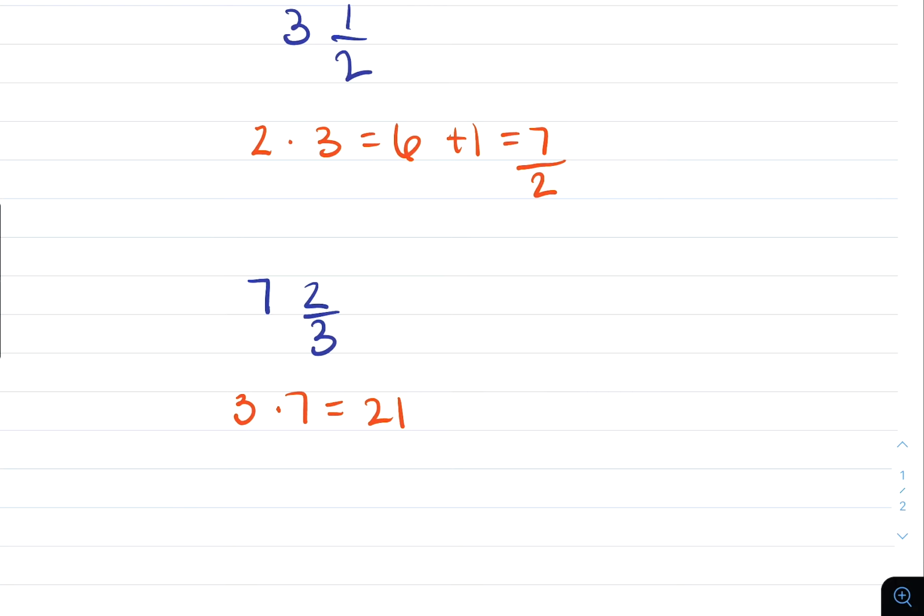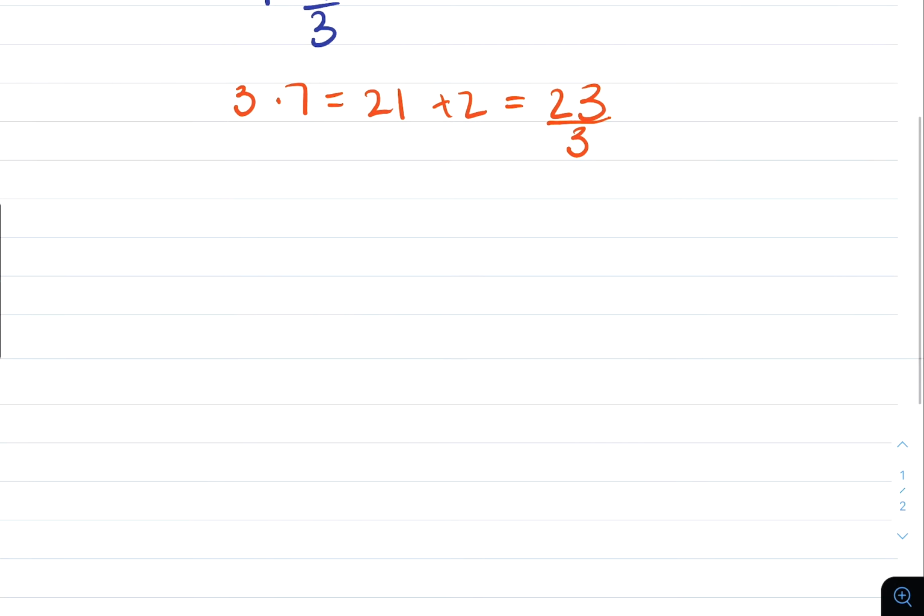And then we take that product and we add the numerator to it. In this case it is 2, for a total of 23. And then we take the original denominator and just bring that down. So 7 and 2/3 becomes 23/3.